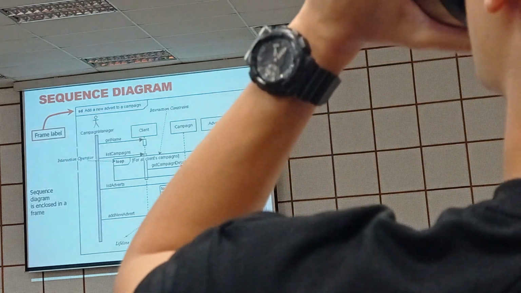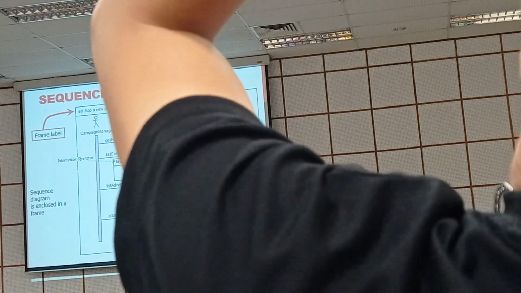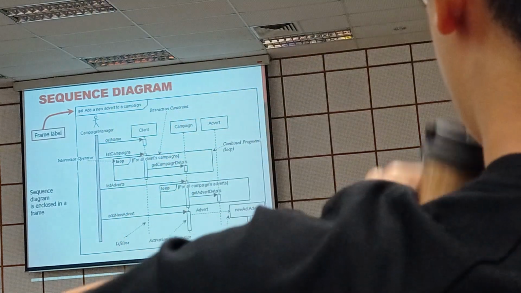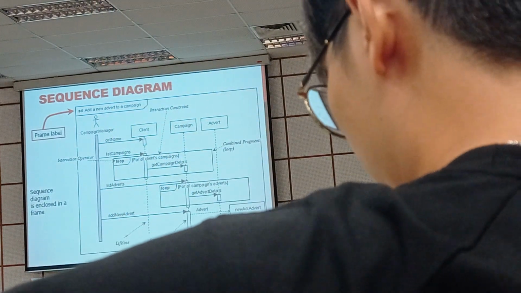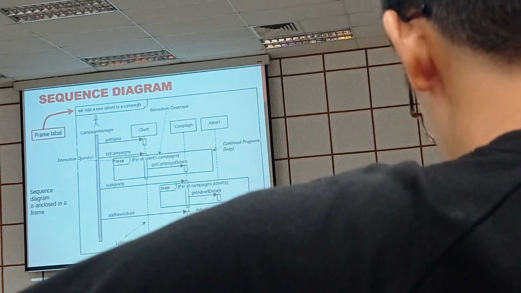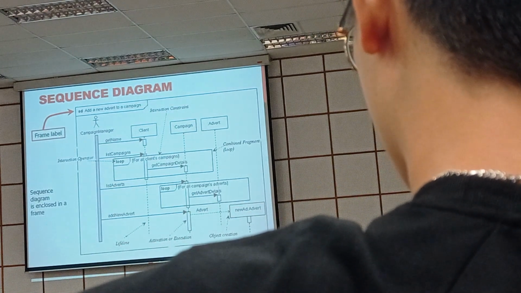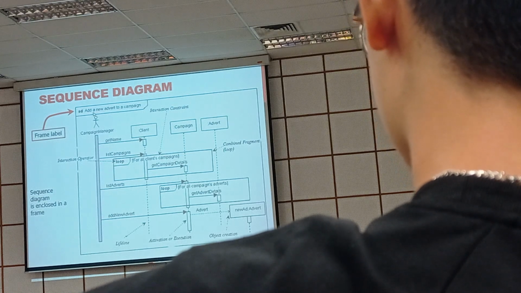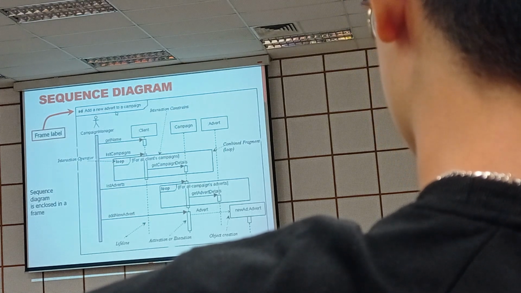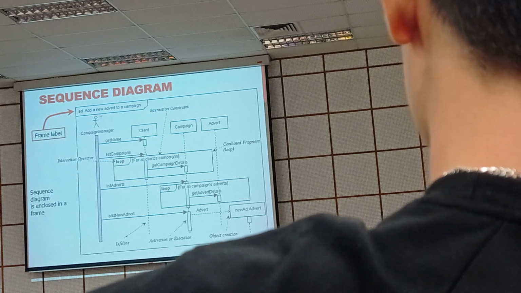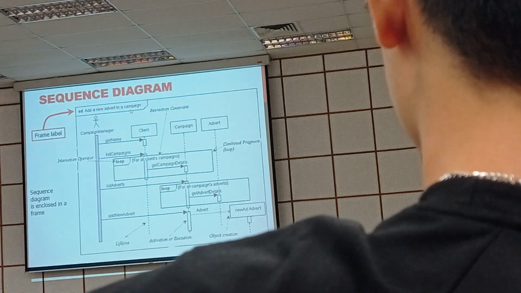Now tell me, what is the function that this sequence diagram is for? What's the function? Add a new advertisement to a campaign. So you are adding a new advert to a campaign.